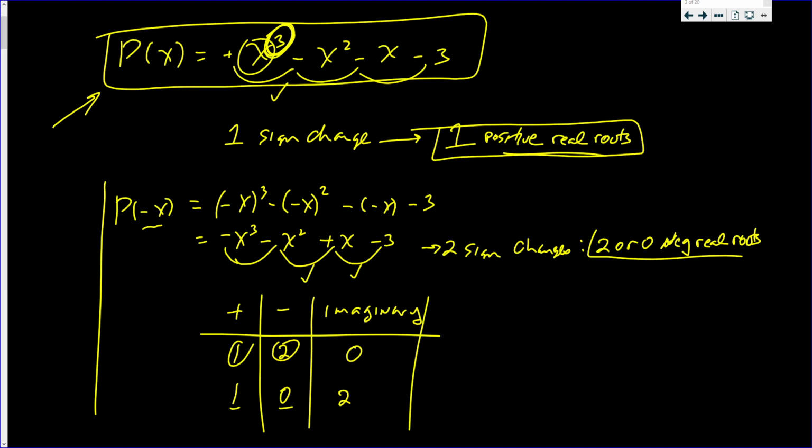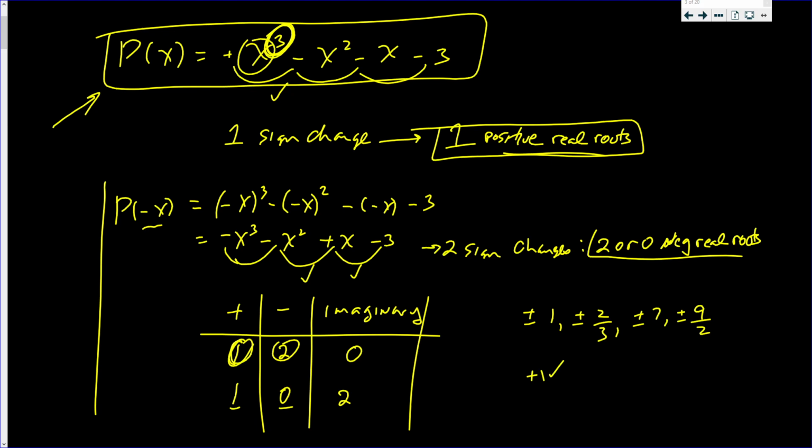But suppose this is our list of possible rational zeros, and you found out that positive 1 worked.